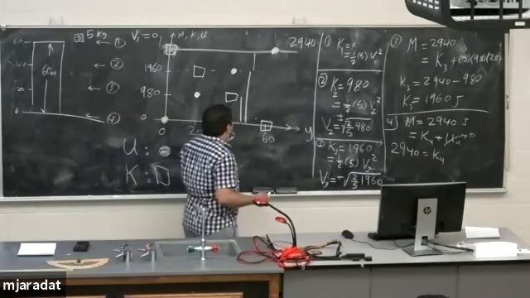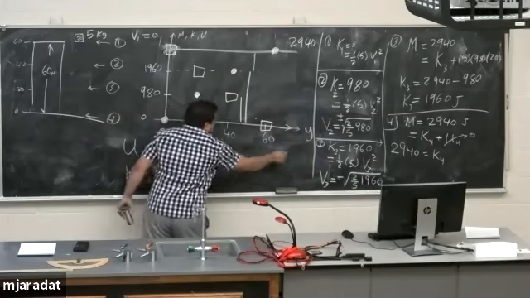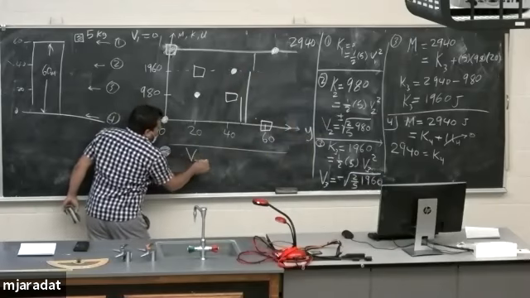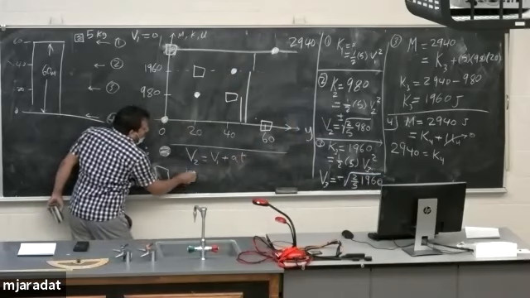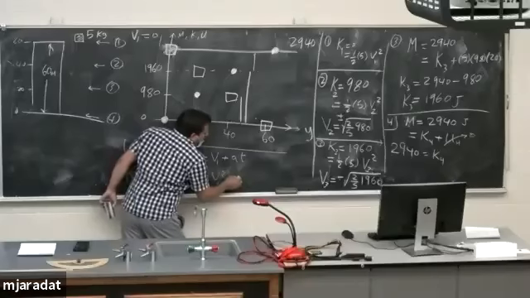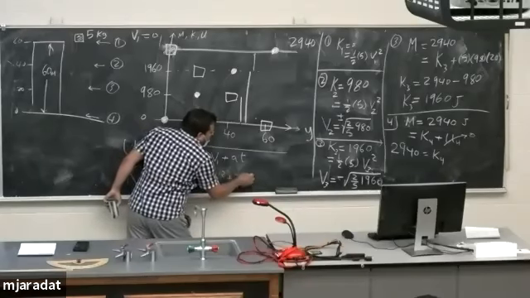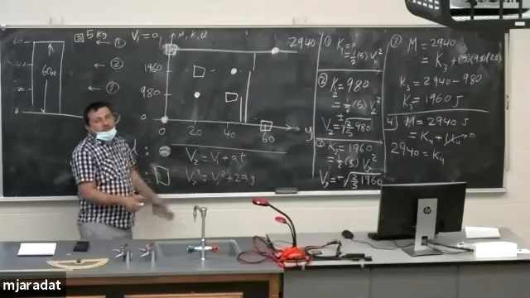As you see, we are not using these equations, for example V2 is equal to V1 plus AT, or V2 squared is equal to V1 squared plus 2AY or AX, or X equal to something.